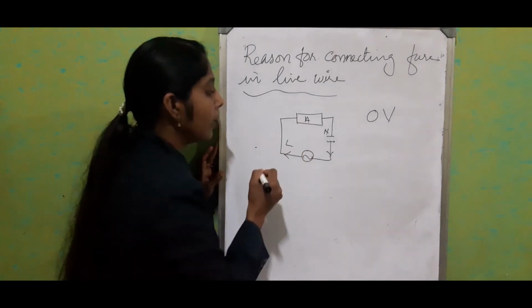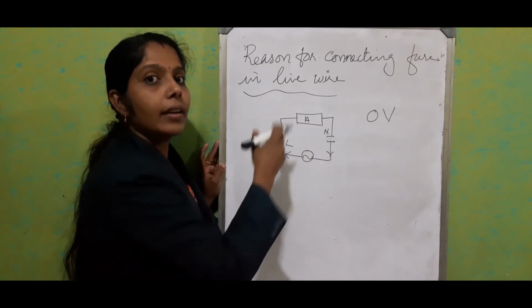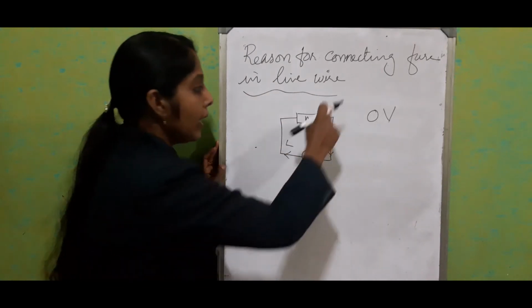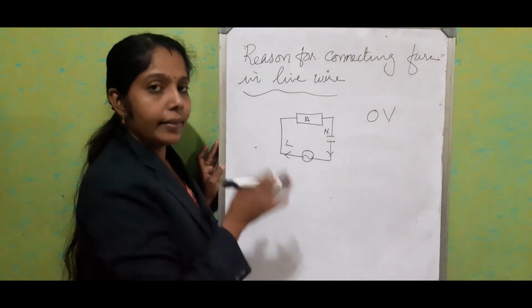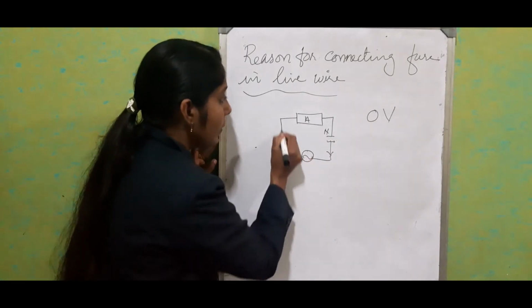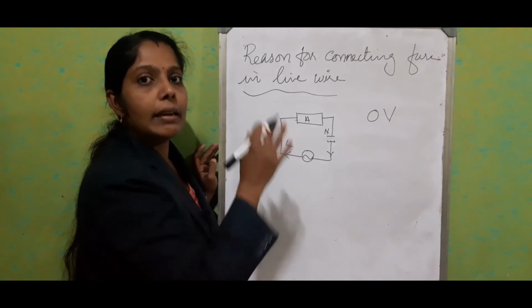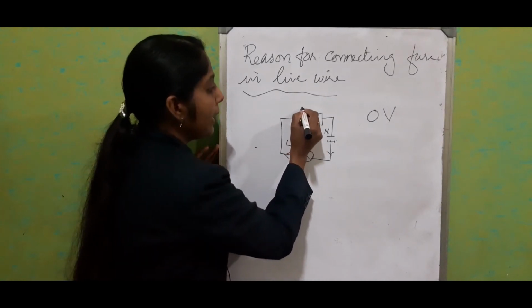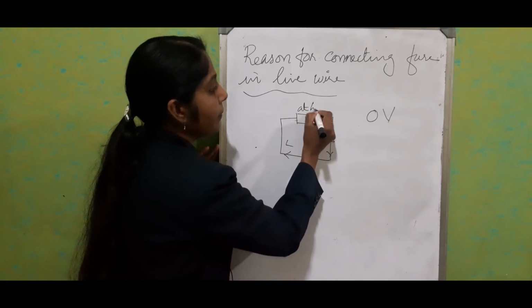But one thing is there: the live wire is still active, and the current is still reaching the appliance. The circuit is not completed, that I agree, but the live wire still reaches the appliance, so it is still at high potential.